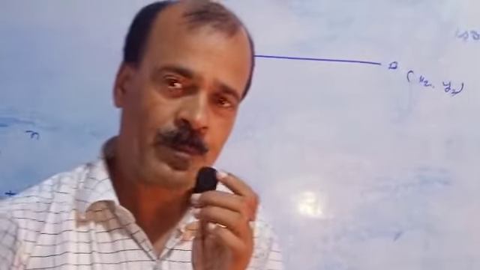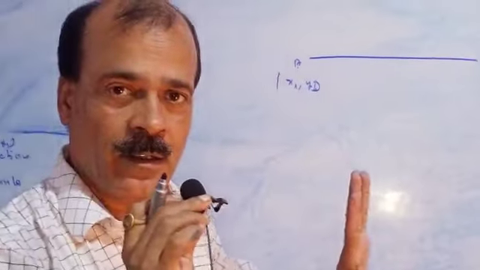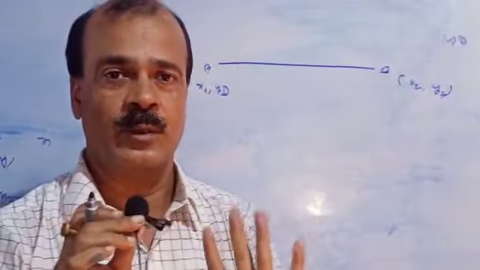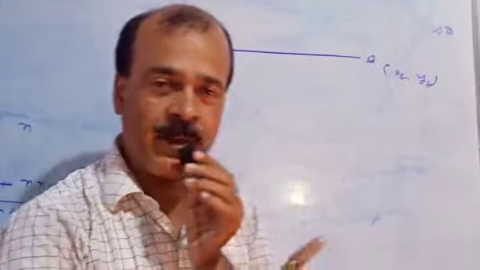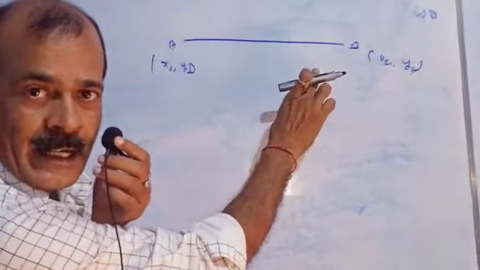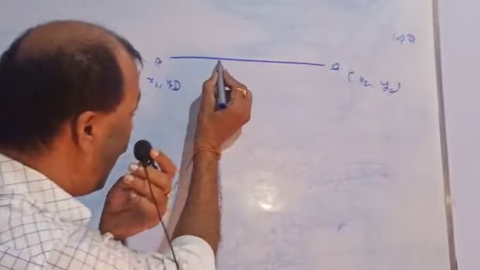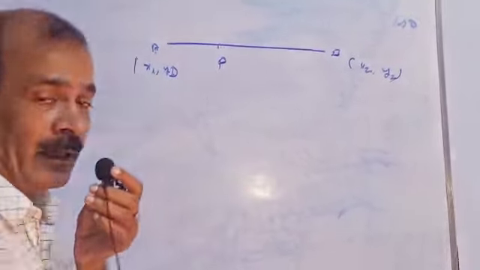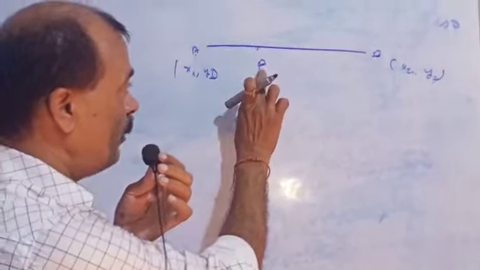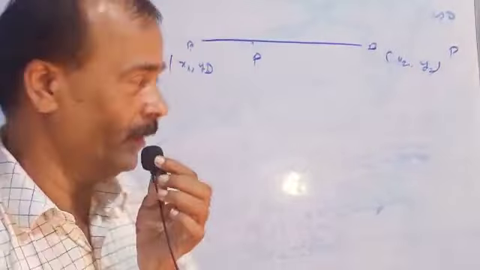In the section formula, there is a point P which divides AB in a certain ratio. It can divide AB in two ways. P may lie inside AB or P may lie outside AB. When P lies inside AB, that is called internally. When P lies outside AB, that is called externally.